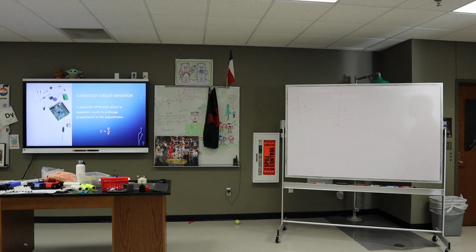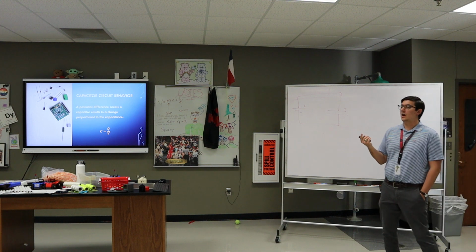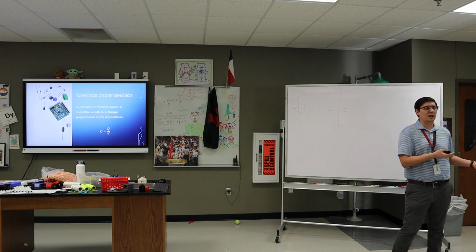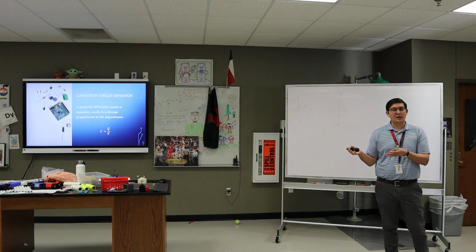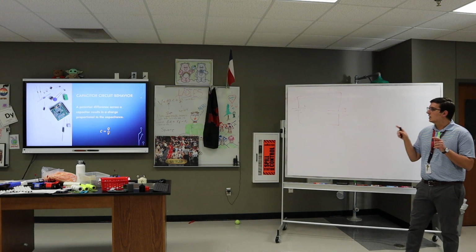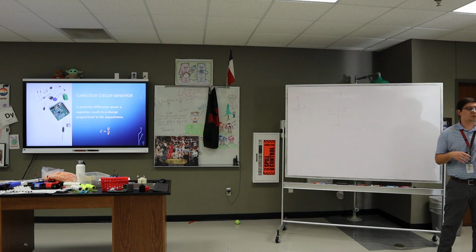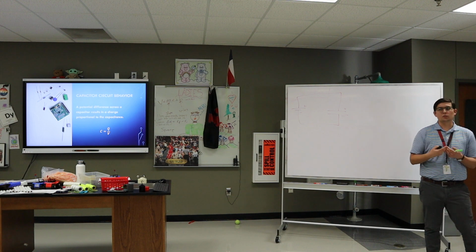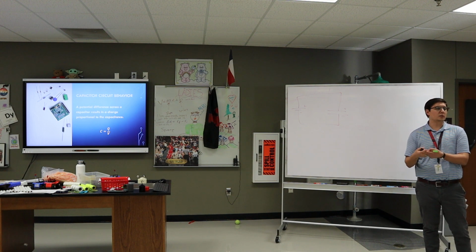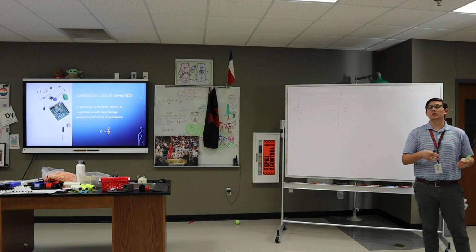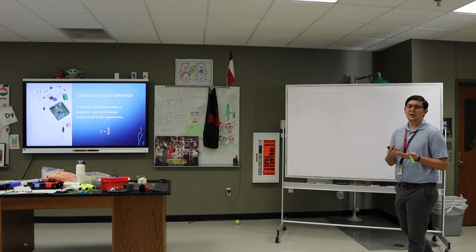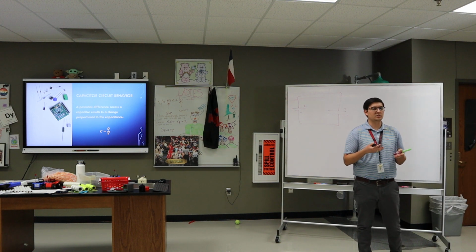When I put a capacitor in a circuit, I can use this capacitance equation to determine how it's going to behave. If I use that other equation to determine its capacitance, then I could figure out, if I put this voltage across it, how much charge that capacitor is going to store. So you can think of this, C equals Q over V, as an analog for Ohm's law. When we looked at the last thing with the resistors, we used Ohm's law, which was all about how the resistance is going to affect current.